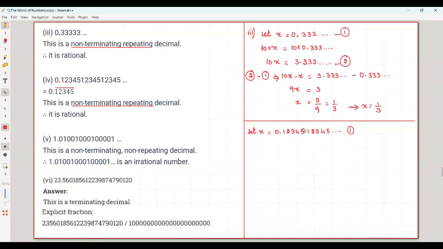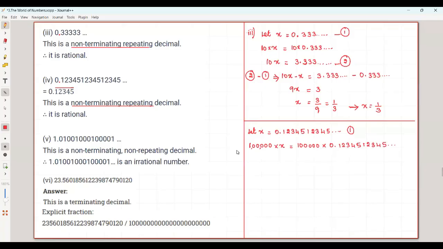As 5 digits are repeating, I have to multiply by 1 followed by 5 zeros. That means 1 lakh. I'm multiplying 1 lakh into x on both sides, into 0.12345.